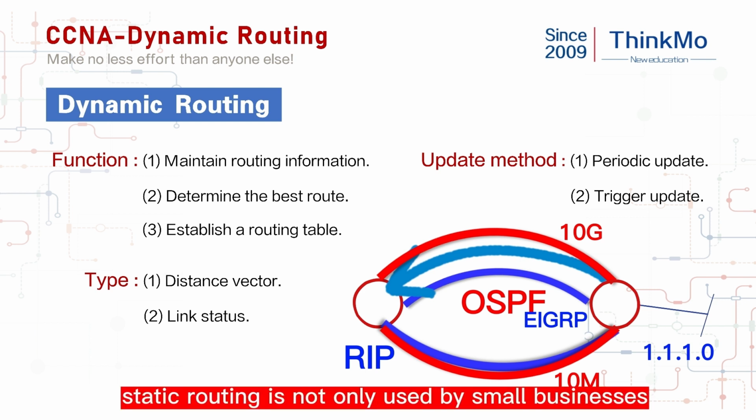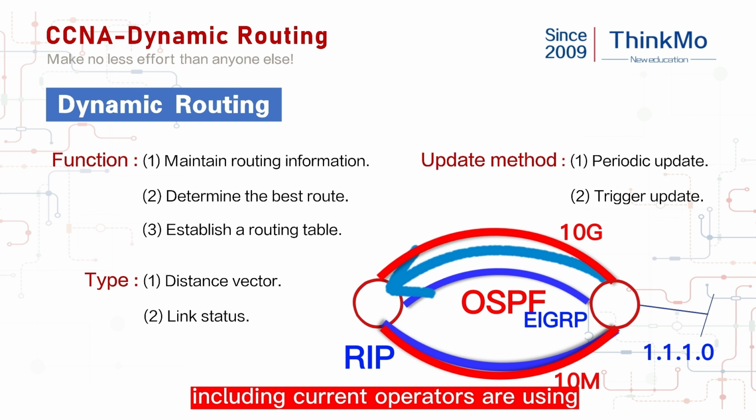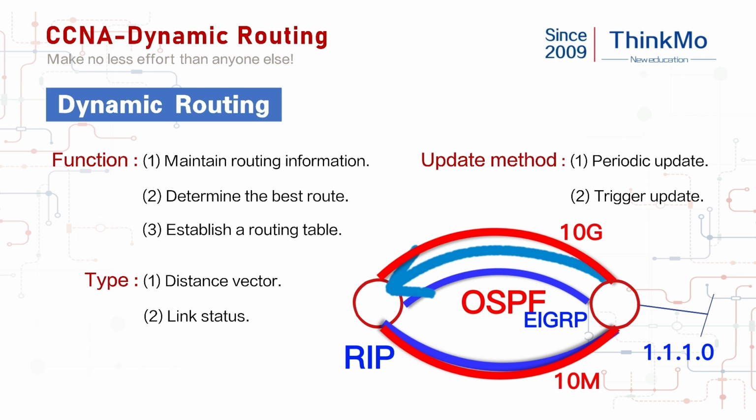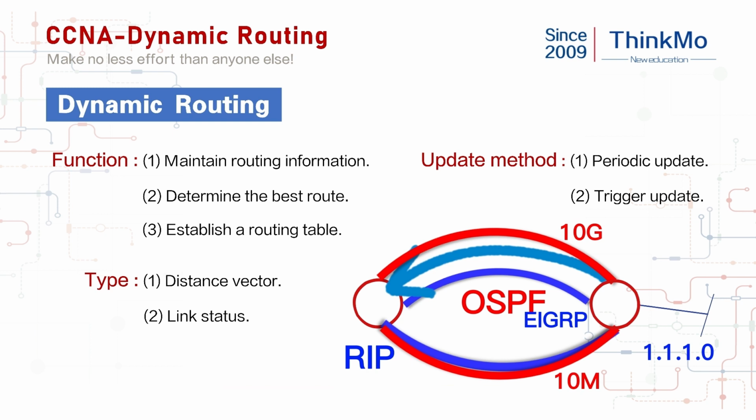Static routing is not only used by small businesses; medium enterprises, large enterprises, and even current operators are using it, because the dynamic routing protocol has a fixed principle of routing. Just like the OSPF I told you, it's based on bandwidth. Suppose the above line is 10 G and the following line is 1 G. It will always go above and never go below.